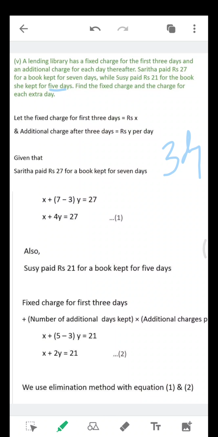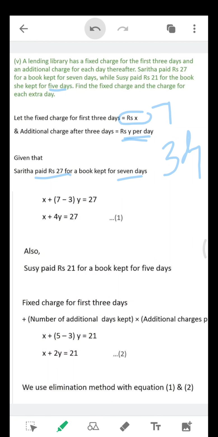Let's see now. We have to find the fixed charge and the extra charge. So we'll suppose that the fixed charge be x and extra charge be y. Sarita paid rupees 27 for a book kept for 7 days. Out of those 7 days, 3 days are fixed, that is x.